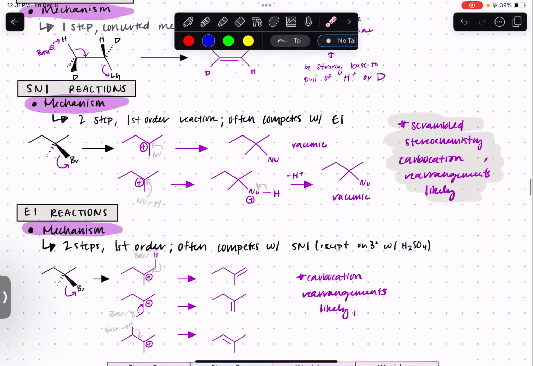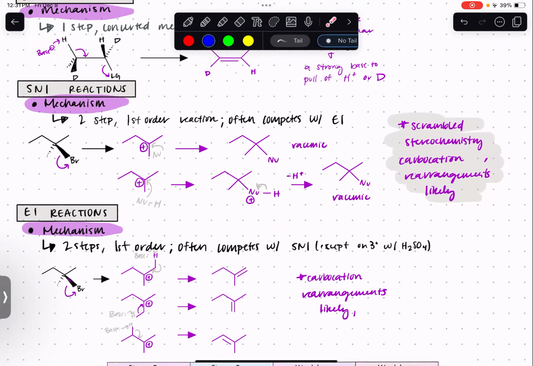With SN1 reactions, it's a 2-step first order reaction, and it competes with E1 most of the time. And important things here is that we get scrambled stereochemistry, and carbocation rearrangements are extremely likely.